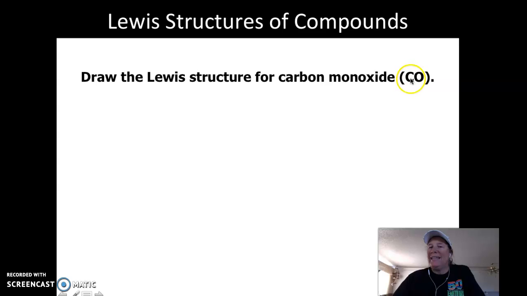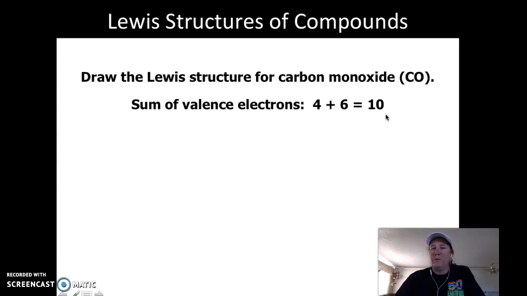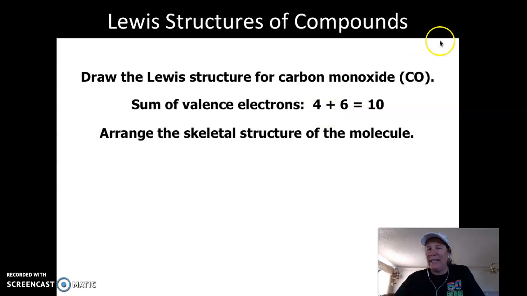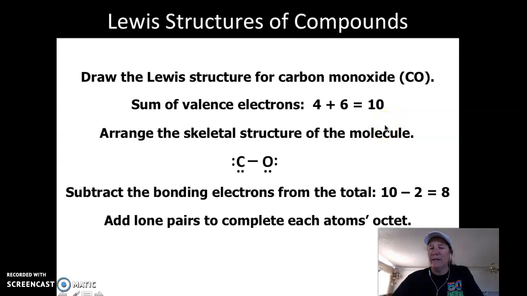But I need 16, each of them needs 8, and I only have 4 here and 6 here. That's 10. So they have to share 6. That means I have to form a triple bond. 10 is what I have, 16 is what I need. And again, I get the 16 because this one needs 8 and this one needs 8. So if I subtract 10 from 16, I get 6. It's going to have to be a triple bond.